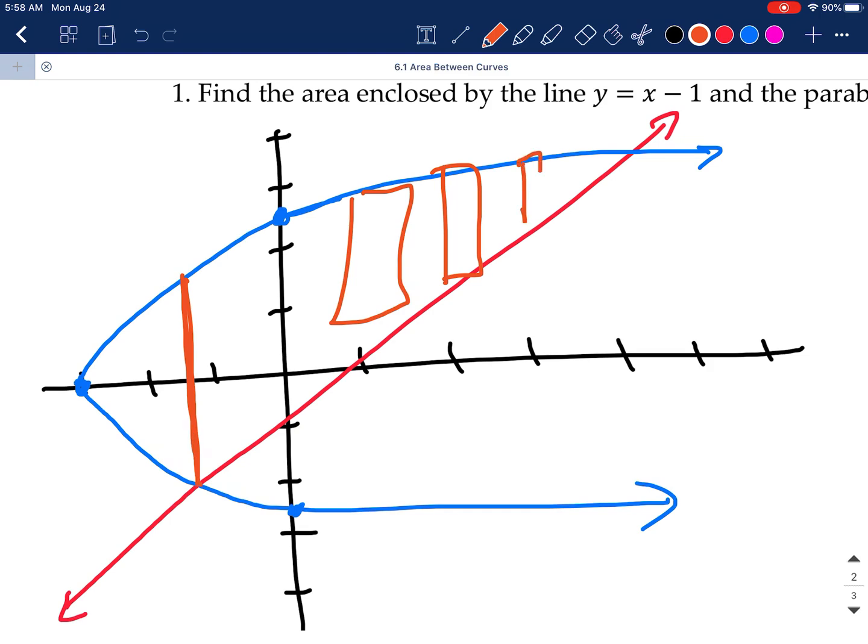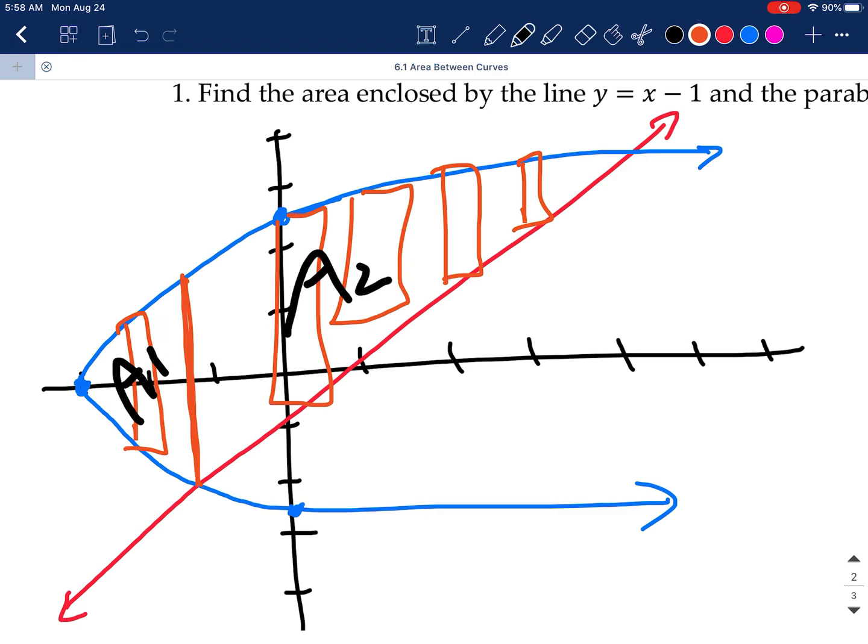Note it's blue minus red for the height at every point, parabola minus line. But then here it becomes parabola minus parabola. So that means we're going to have two separate areas to evaluate, which we can do, but we have to use two integrals.